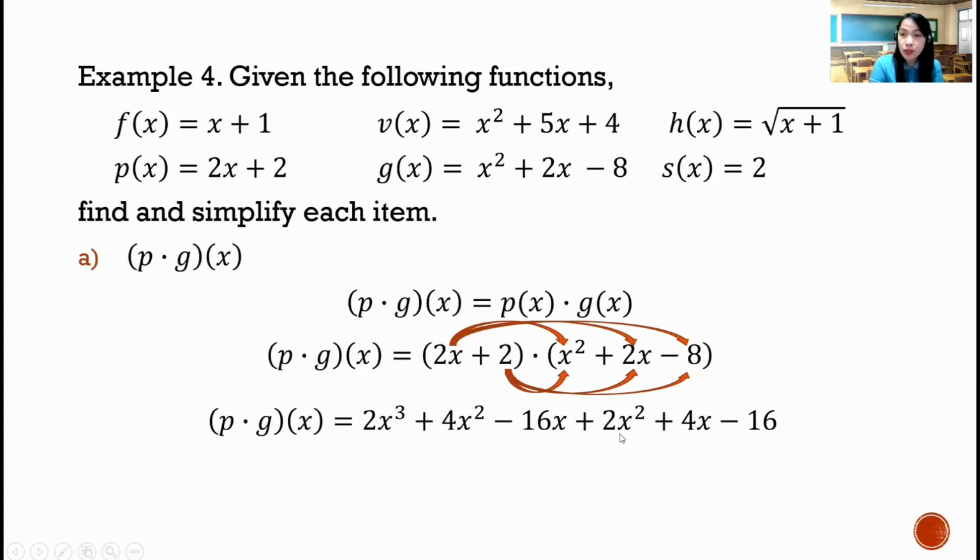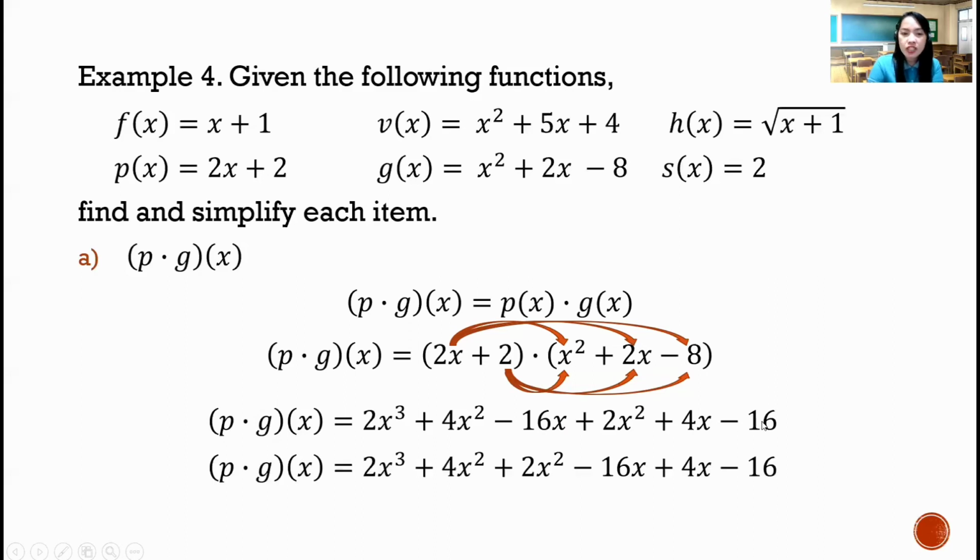Yes, that is 2x squared. So, pagtatabihin mo sila. What about negative 16x na ang degree ay 1? May pareho ba? Yes, that is 4x. And then, we have a constant negative 16 or ang degree ay 0. Walang variable. So, magiging siyang 2x cubed plus 4x squared plus 2x squared minus 16x plus 4x minus 16.